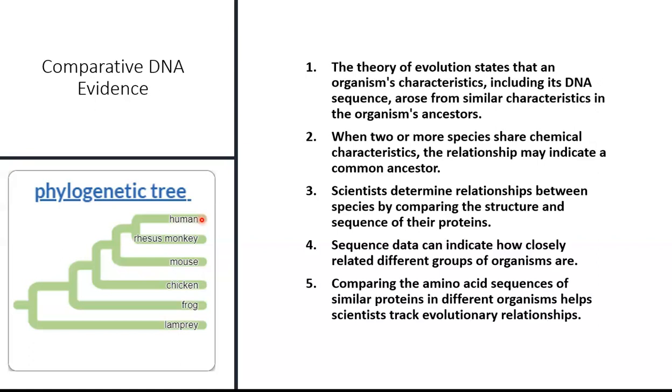They share more of those similar sequences. So you can see a human is really far away from a frog, right, on this phylogenetic tree. So that means that they are not as closely related as, say, a human or a rhesus monkey. Okay, so that's what a phylogenetic tree does. It shows how closely related organisms are based on their amino acid sequencing.